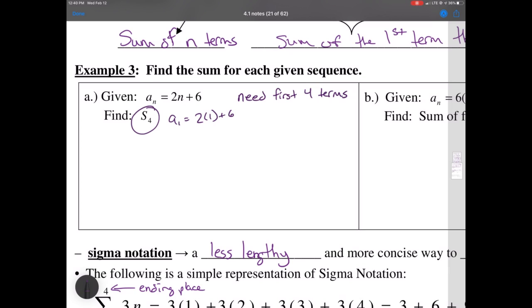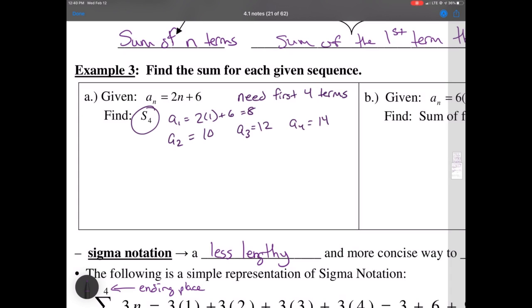And a quick way to do this is to use your calculator. That equals 8. a sub 2 is 10. a sub 3 is 12. And a sub 4 equals 14.